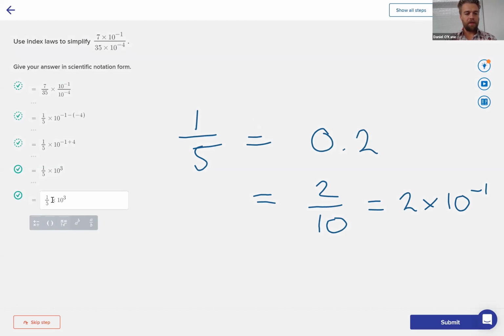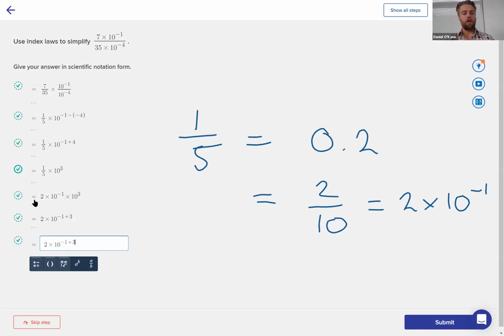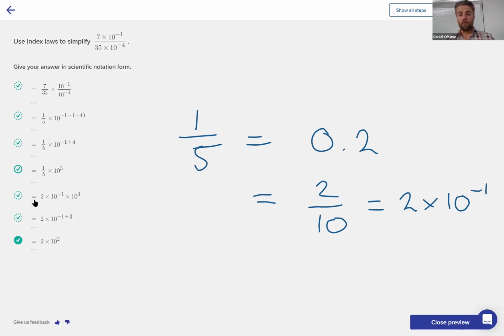So now I can use that multiplication law for indices to add the powers here. So I get 2 times 10 to the power of -1 plus 3. And so that's going to give me 2 times 10 to the power of 2. If I was to write that as a standard number, that would just be 200. But that's not what I was asked to do. I was asked to give the answer in scientific notation.